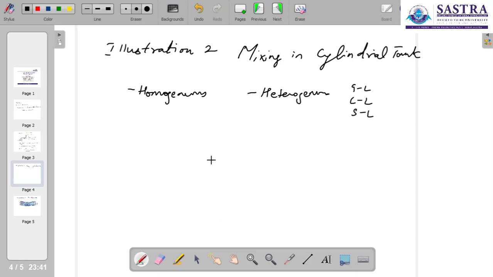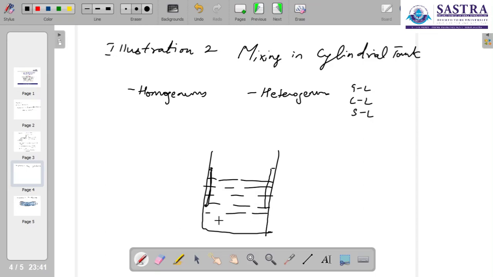Now in all these cases, essentially it contains a cylindrical tank. There is typically a shaft, there is typically a baffle attached to it, and it can have the contents. So you may have a liquid filled in this tank, and you may have an impeller.